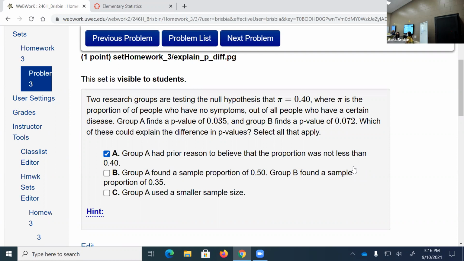So in that case, I might set up my hypotheses as a null hypothesis that pi is equal to some number, so whatever the proportion was before COVID.